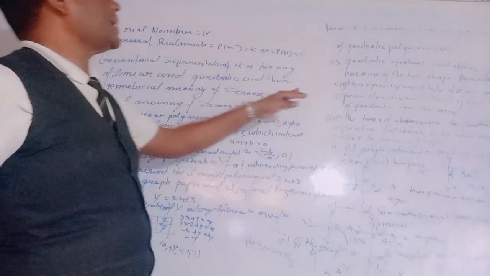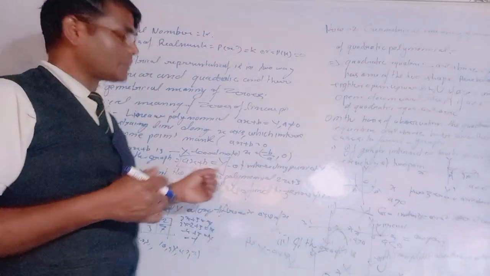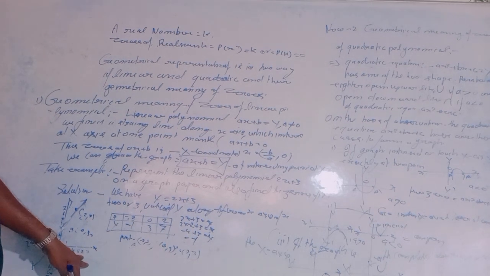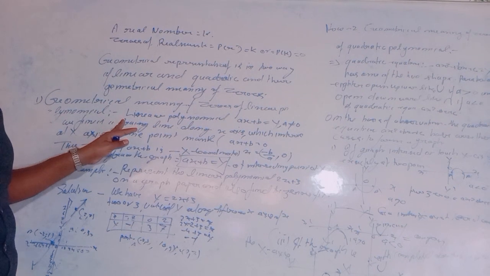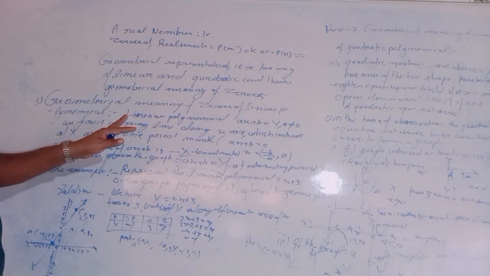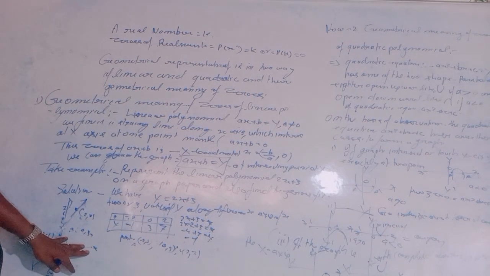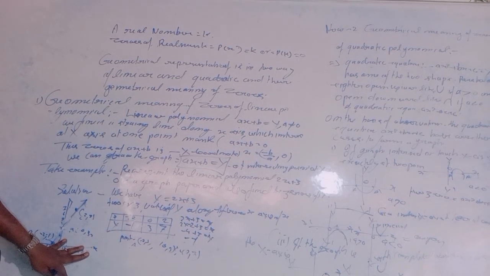Geometrically we can observe here, in different cases, and try to find out what gives the proper meaning of the graphical representation. Suppose there are five questions. We know that a quadratic polynomial can have either two distinct zeros or two equal zeros.